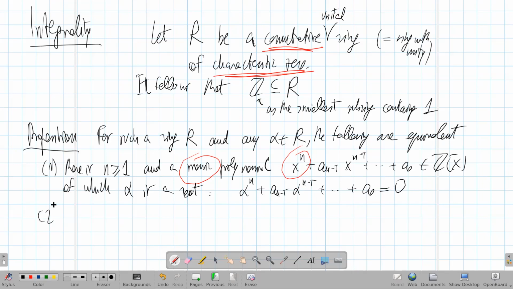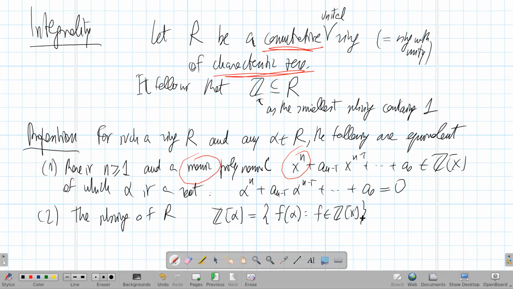The second property tells you that the subring of R given by, well, we'll call it Z[alpha], which is the familiar object. It consists of all the values in alpha of integer polynomials. Say it's a simple extension of Z with the element alpha, using the terms that we employed in the algebra course.